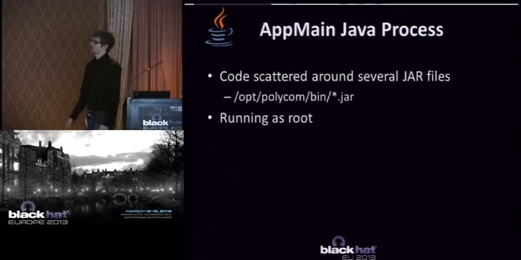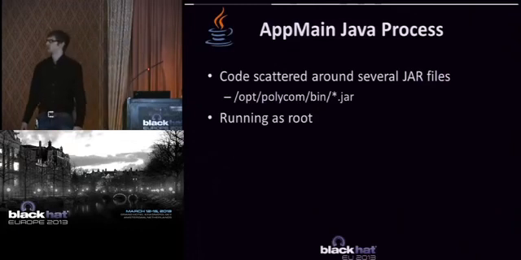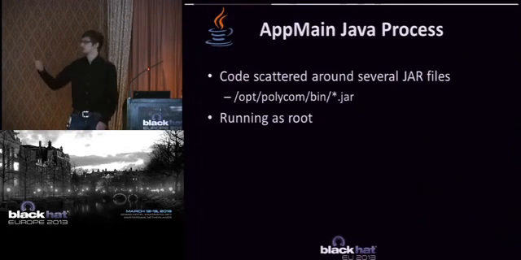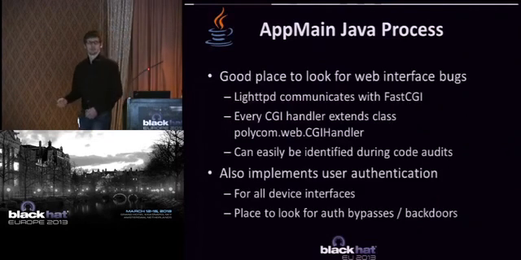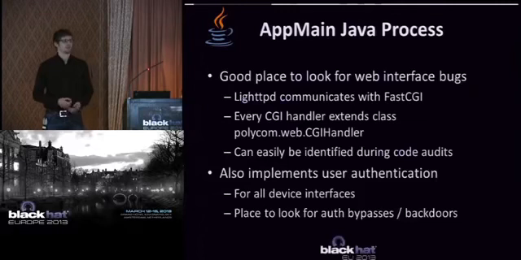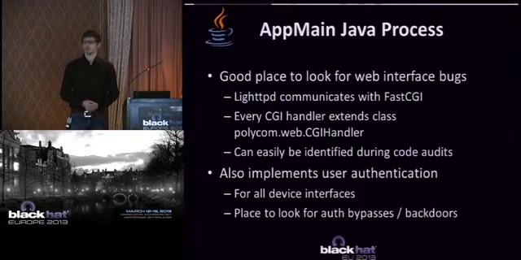So the first process, the AppMain Java process, all the Jar files can be found in the Polycom bin directory. And of course, this process is running as root. And this one is actually a good place if you are looking for bugs in the web interface and you don't want to do only black box testing.